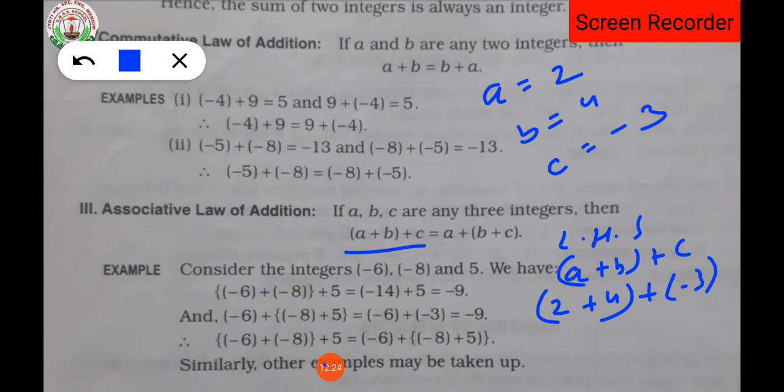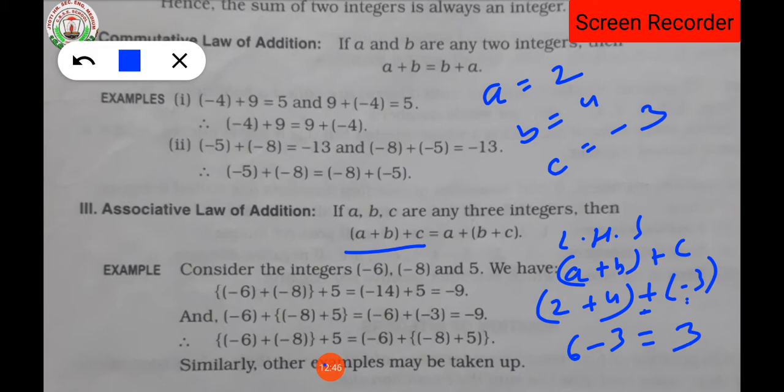So here plus 4 and plus 2, plus and plus will be plus itself. So 2 plus 4 will be how much? 6. Then plus and minus will be minus. So we get 6 minus 3. So 6 minus 3, the answer will be 3. Have you understood up to here?